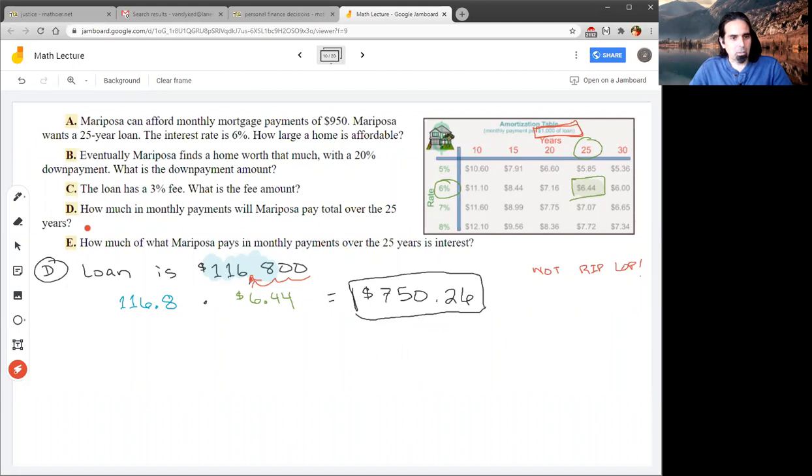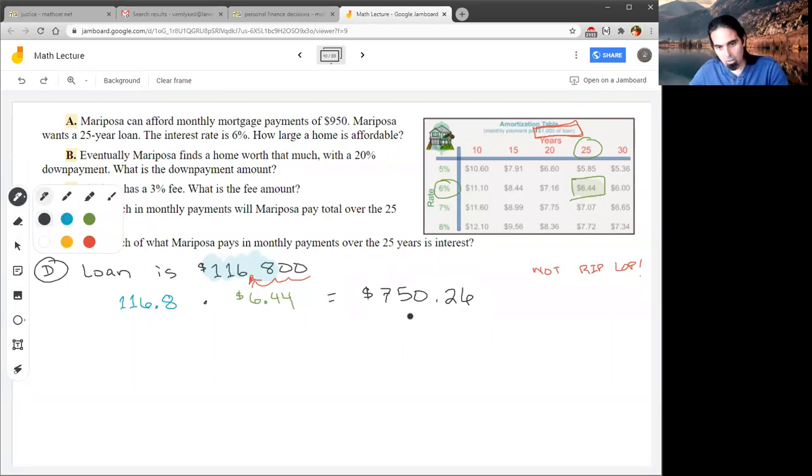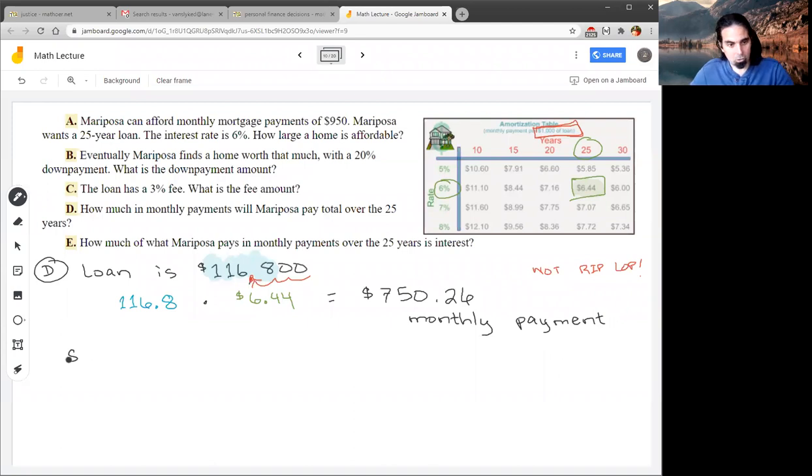Okay, lastly, oh, and how much? I put a box around the wrong thing. So that's her monthly payment. How much will she pay total over the 25 years? So she's going to write that amount in her checkbook or bank auto pay, whatever she does.